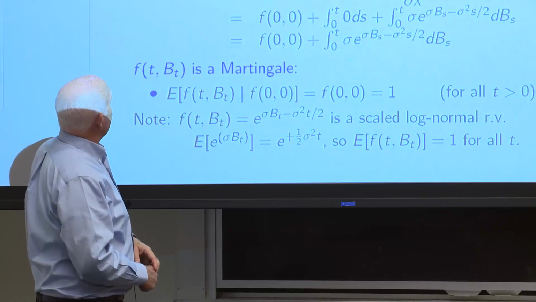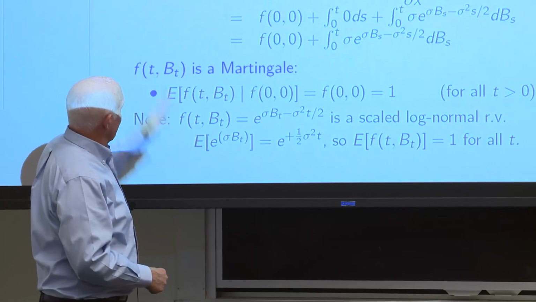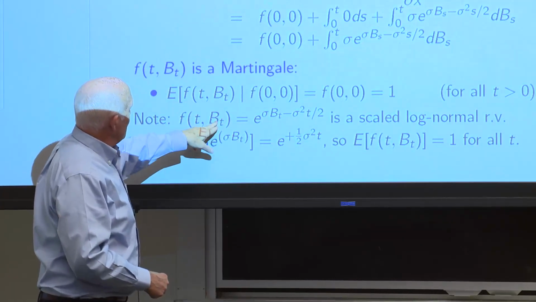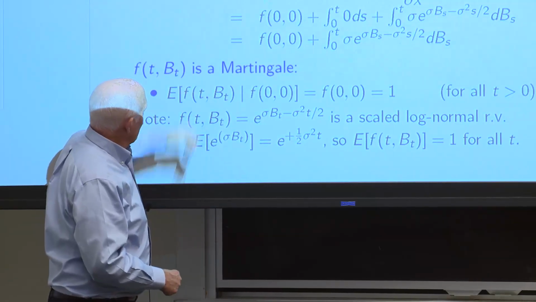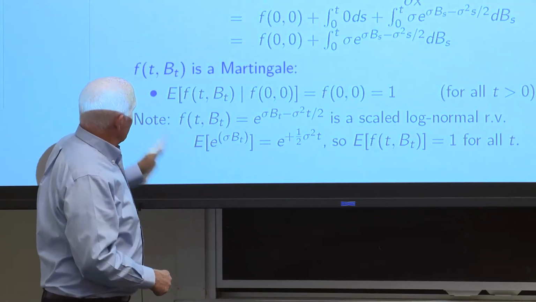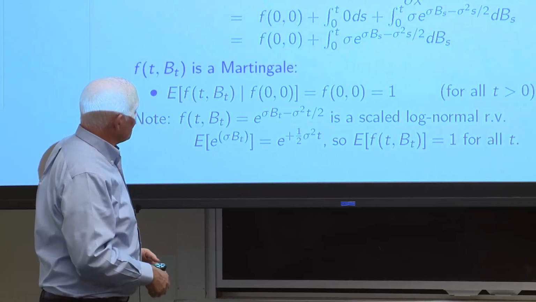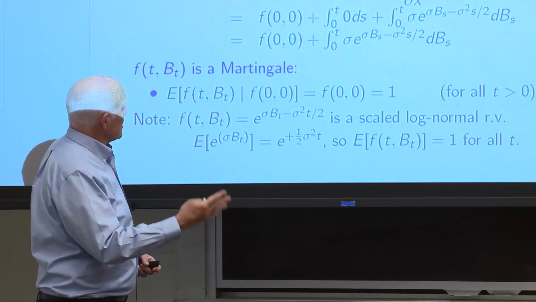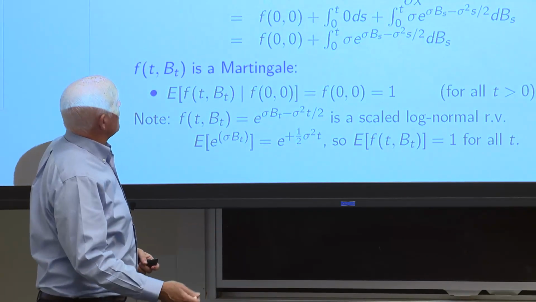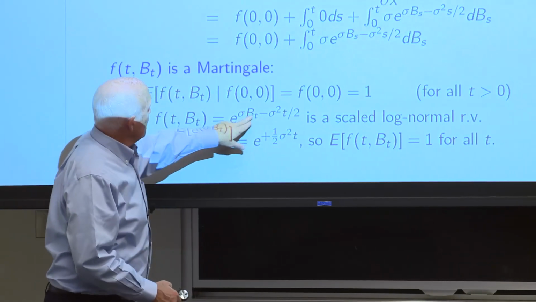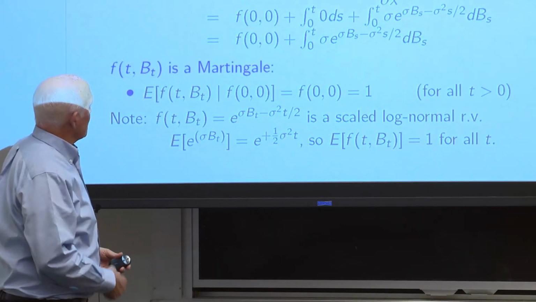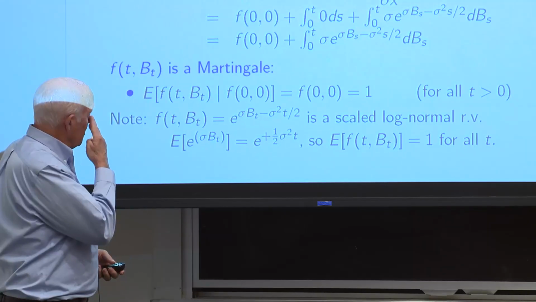So this little f evaluated at x equal to Bt, so it's a transformation of the Brownian motion process paths Bt by this function, is actually a scaled log normal random variable. And so e to the sigma Bt minus half sigma squared t is a scaled log normal.